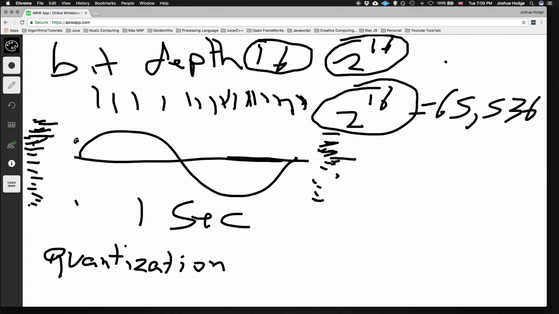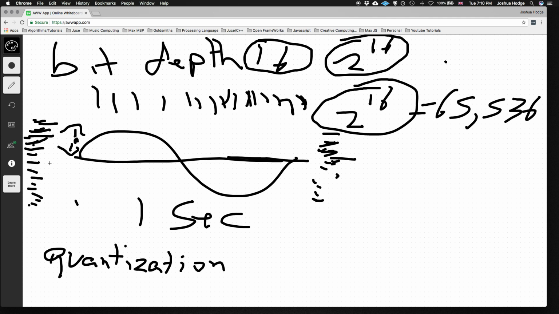Quantization just means that we've taken this value and it doesn't quite go in one of the 65,536 values that we can do between +1 and -1. So what we do is we round it up or round it down to the nearest value, so that it fits in one of those 65,536 places.